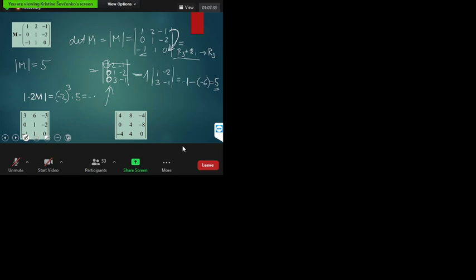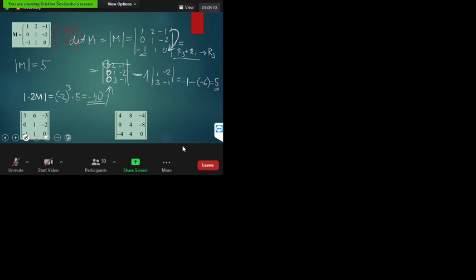So minus 8 times 5 is minus 40. And the matrix itself, if I multiplied it by minus 2, of course, would look like, I will change the color to this, minus 2, minus 4, 2, 0, minus 2, 4, 2, minus 2, 0. So if you prefer, you could of course multiply the matrix by minus 2 and find its determinant separately here.